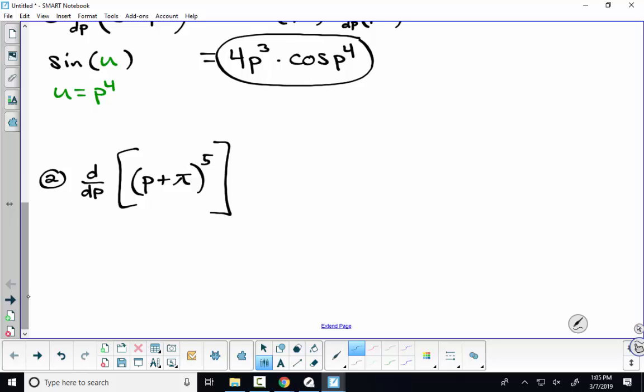We have the derivative of the outside, leaving the inside alone, times the derivative of the inside. With respect to p, what's the derivative of p plus pi? 1. Just 1, right? Derivative of p is 1. The derivative of pi, it's a constant, is 0.